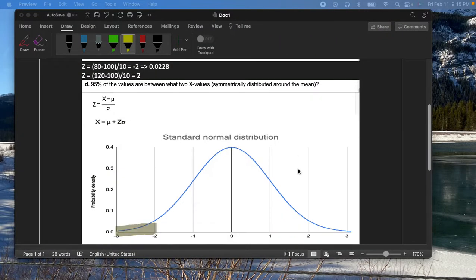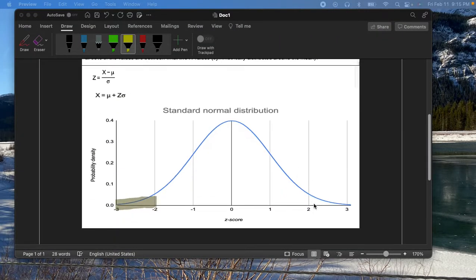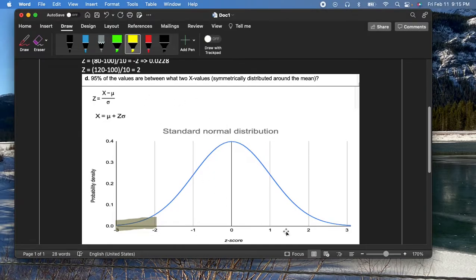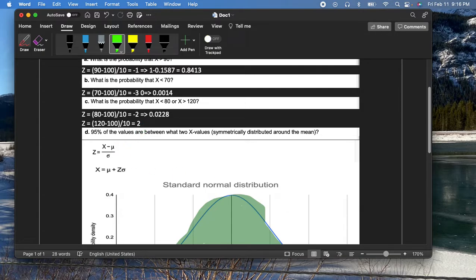So when we get two standard deviations, which is what 120 is, the values to the left of 2 make up 97.72%. All of these values here, including that, is 97.72.